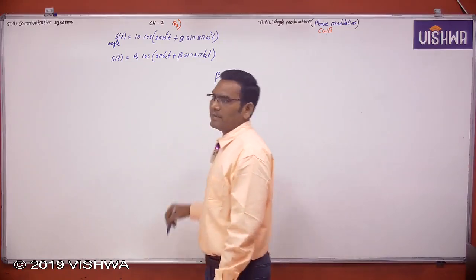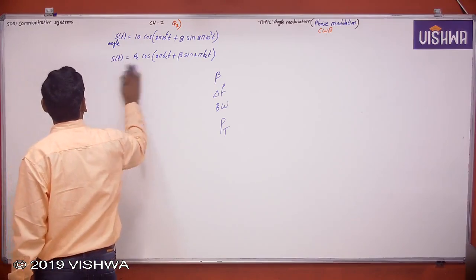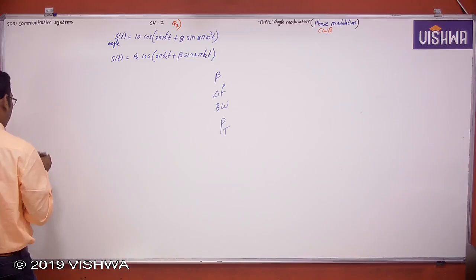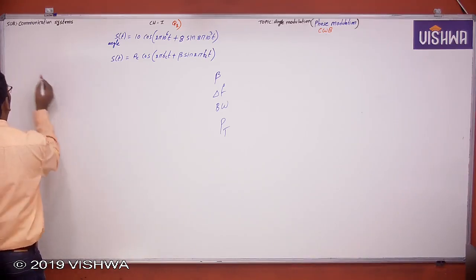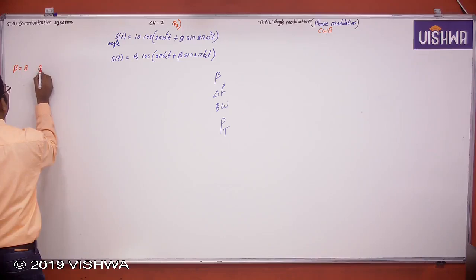Let us assume this signal is an FM signal, and first you find the parameters. What are the parameters? If you compare, modulation index is 8 and Ac is 10 volts.